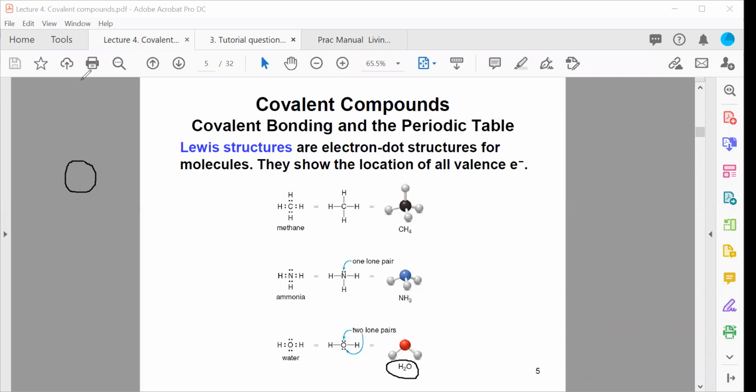Ah, you predicted my questions. So you're saying it needs another 2 electrons, and 2 lone pairs will be remaining. Now that's pretty impressive. All right, oxygen belongs to group 6A.